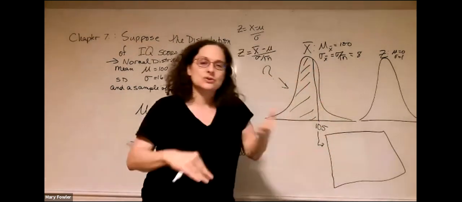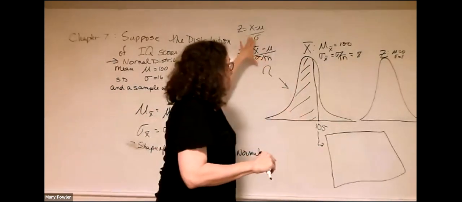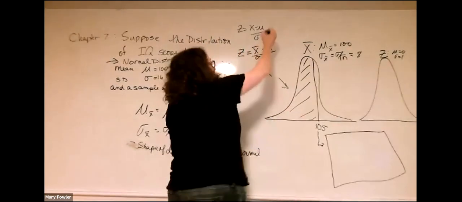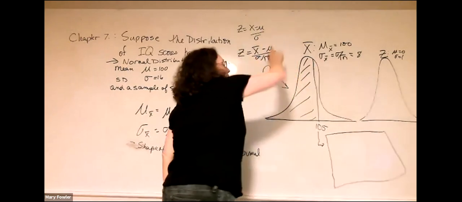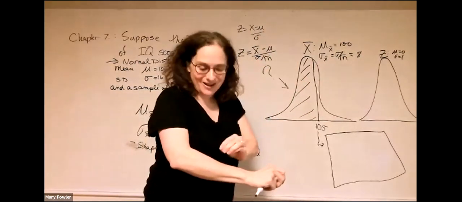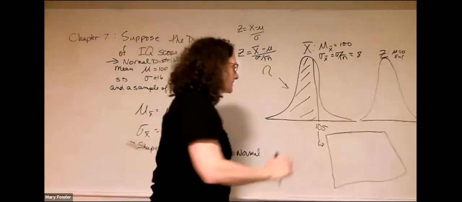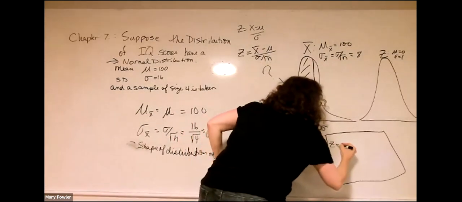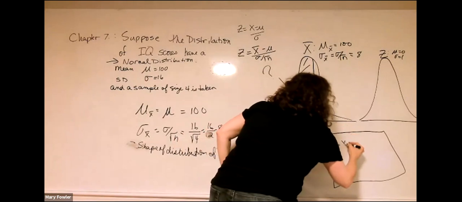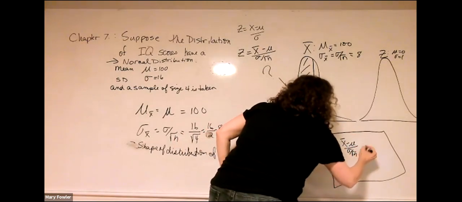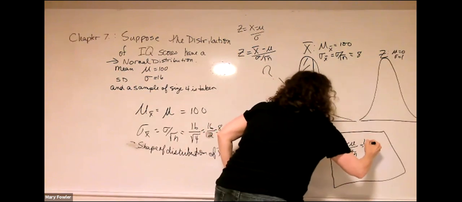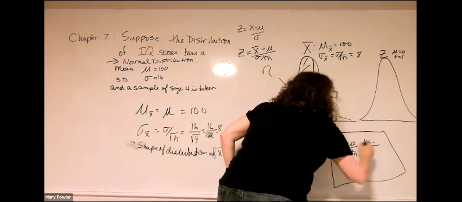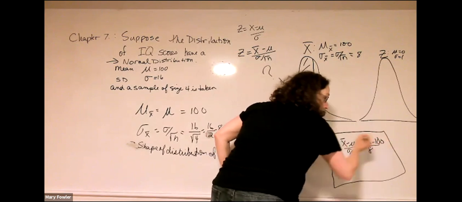We're interested in the context of the distribution of the sample mean. So we have Z equals X bar minus mu divided by sigma over root n. We know that's 8. And the X bar is 105 and the mu is 100.